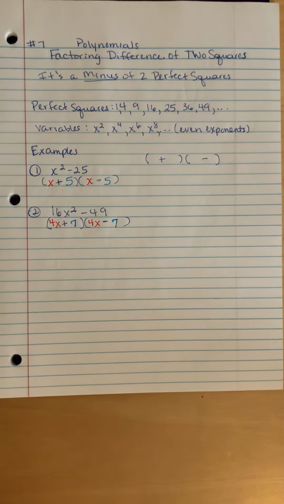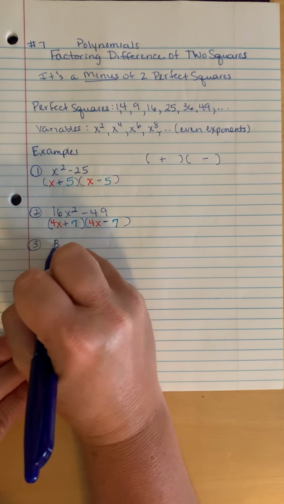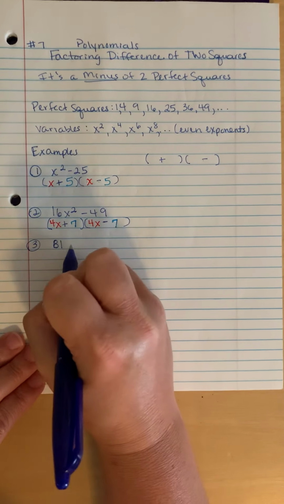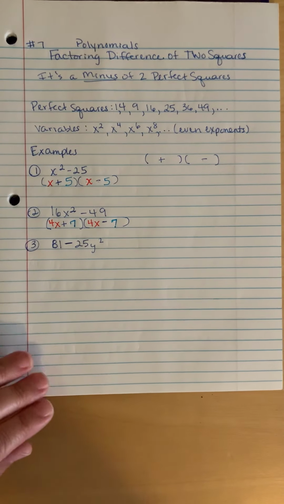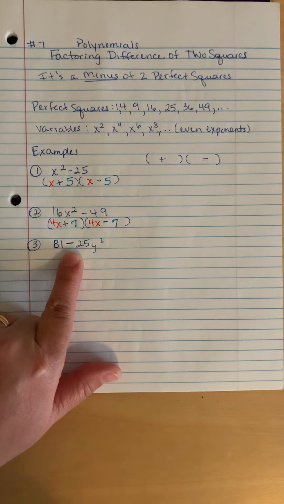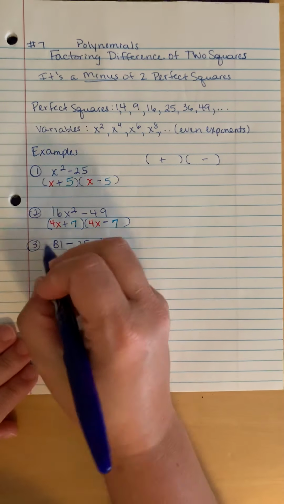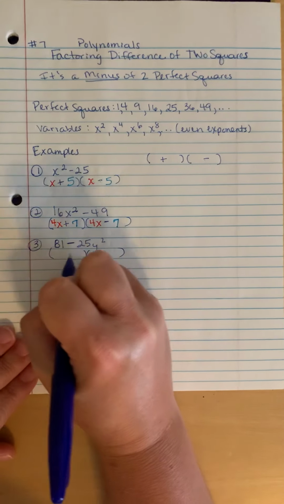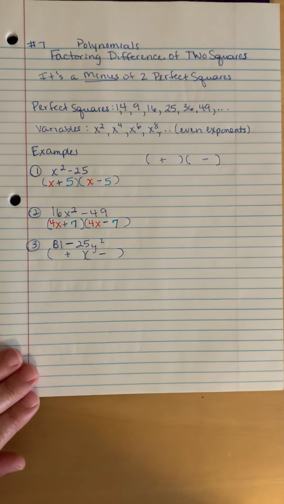Let's try number 3 here. Let's do 81 minus 25y squared. I know that you're used to putting the variable first, but we cannot switch this around because of where that minus sign is located right there. So let's start with both sets of parentheses here, and we're going to have a plus and a minus in each parentheses.